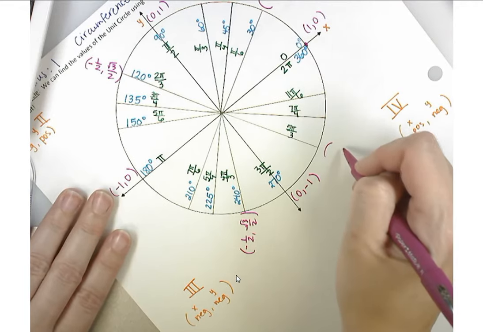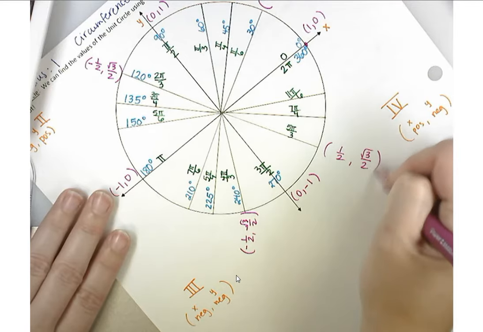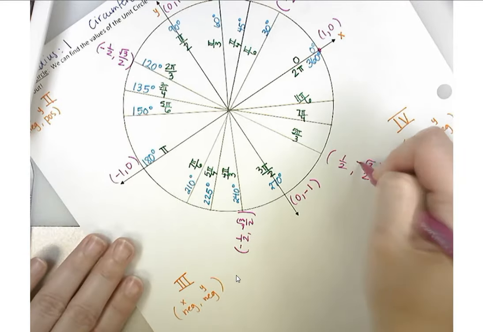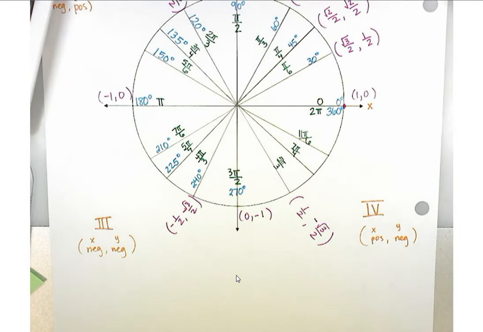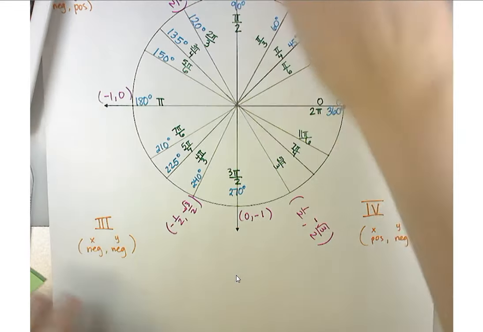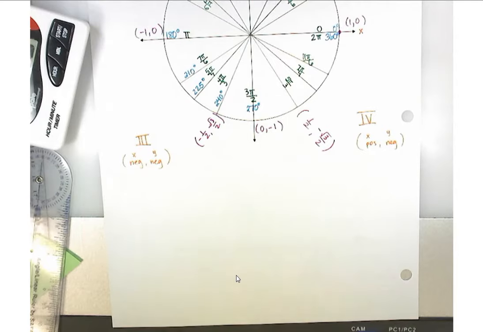So again, I have 1/2, root 3 over 2. And this is where my x is positive and my y is negative. So there you go. Okay, so you can do that with all of your points. Okay, and I'll give you some time to do that in just a second.